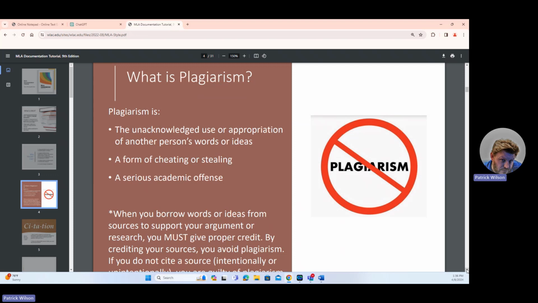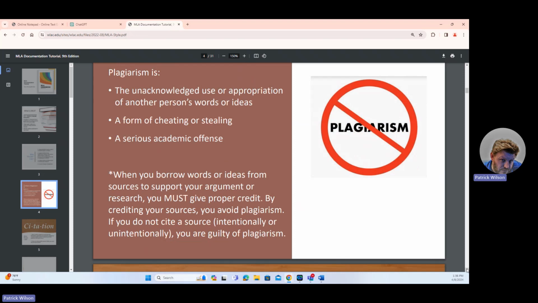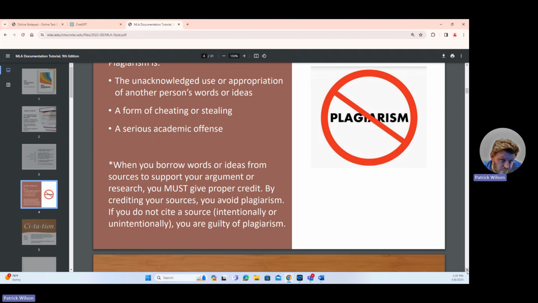A form of cheating or stealing, and it is a serious academic offense. A lot of folks have lost their job because of plagiarizing in the past, and it's sort of coming back to light. Think of presidential candidates. You've heard of folks there, and other people in the magazine, book, and newspaper industry.